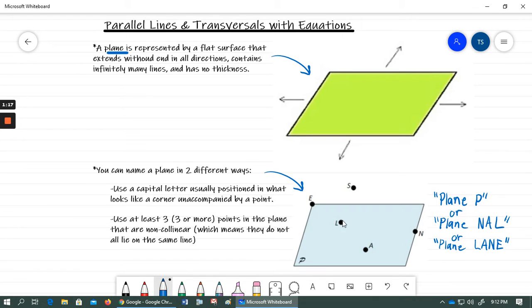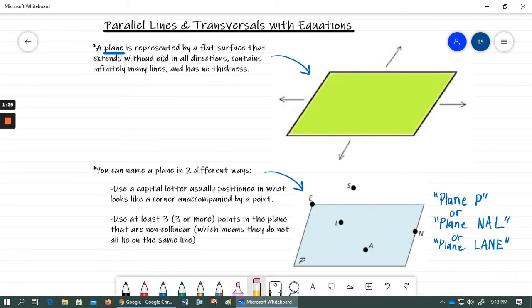Okay, let's give you a little background information that you'll need. A plane is a word that you may hear, and I want you to be familiar with what it means and how it looks.